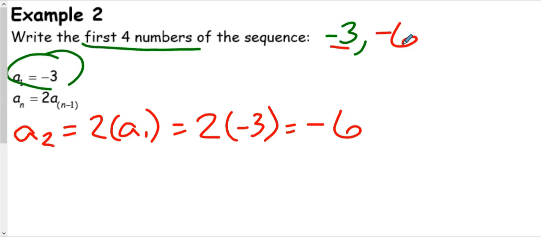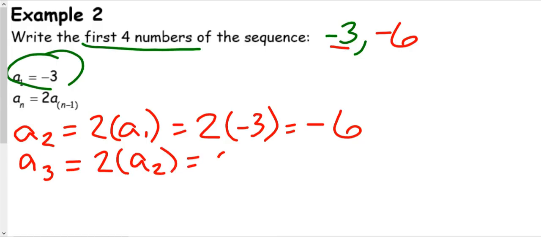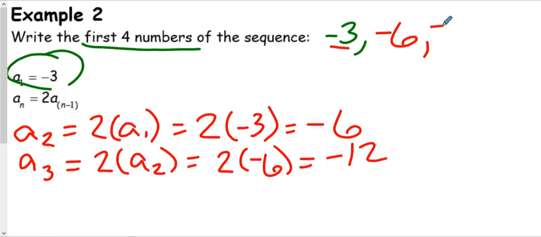So then we've got to find our third term, which again is 2 times the previous term, which was A2. And we just found that A2 was -6. So what is 2 times -6? It's -12.